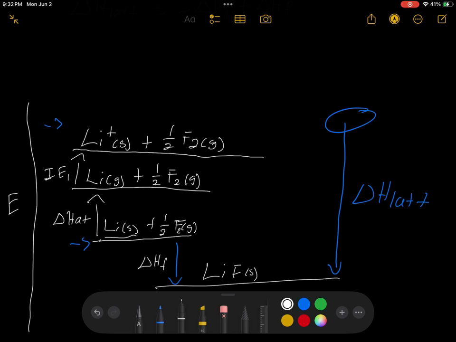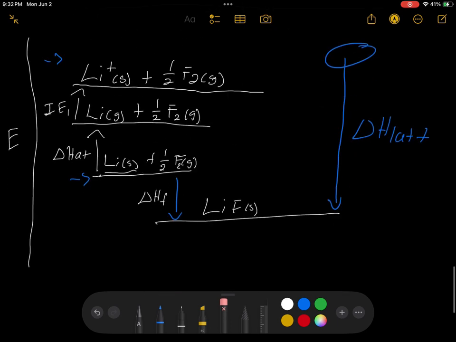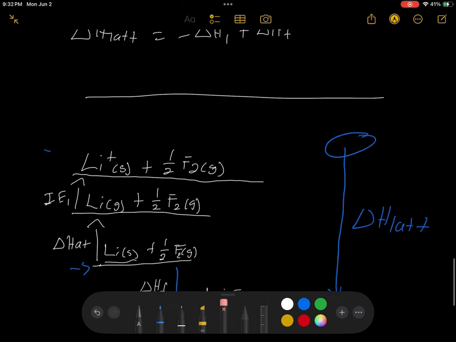Remember, this collection of steps on the left side is going to be our delta H1. So let me get back to this. Our lithium is now complete. That matches what that top bar shows.